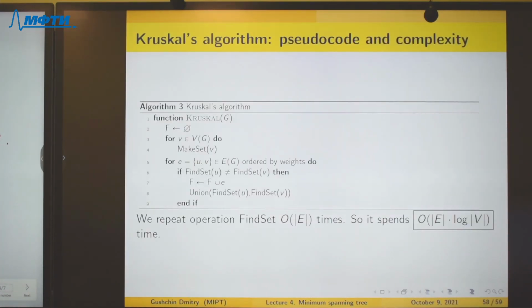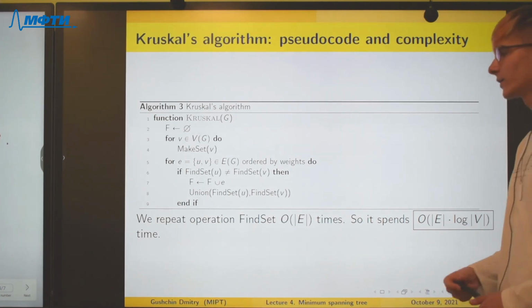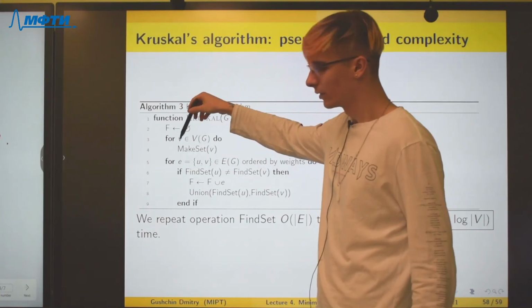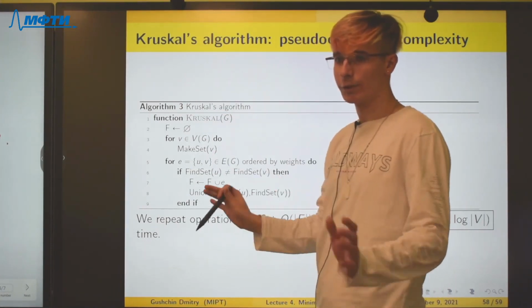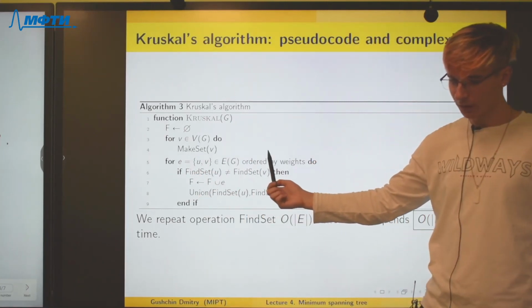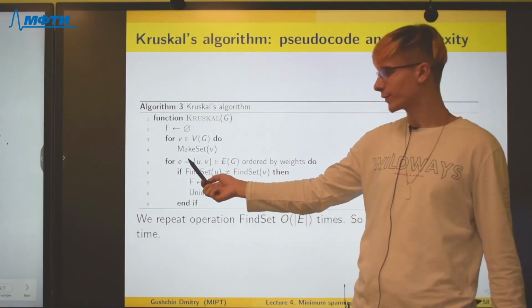And as the implementation of it, firstly we say that our tree is empty, we have no edges in it, and we make a disjoint set of all the vertices.